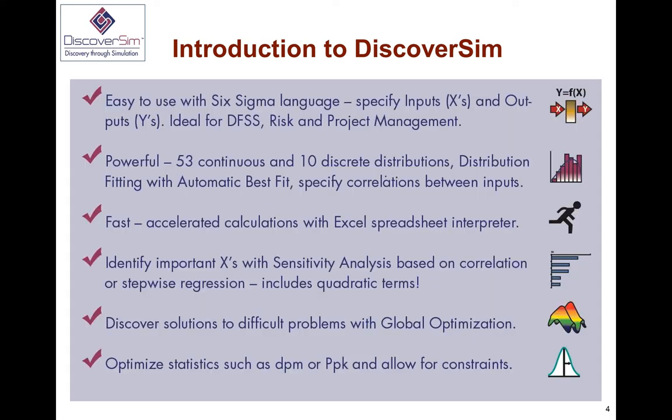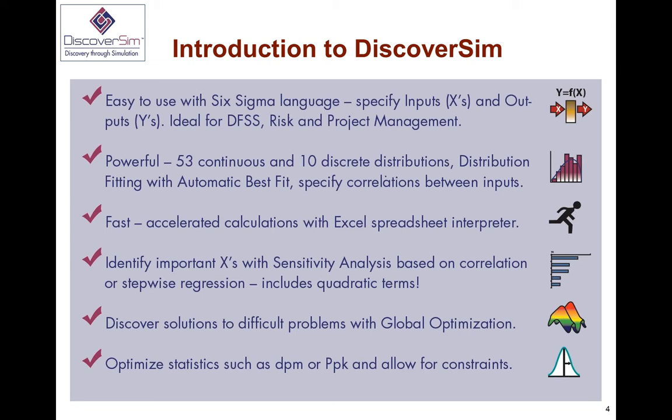Some of the features of DiscoverSim: we do use Six Sigma language, so instead of assumptions, we use the term inputs and outputs. We have 53 continuous distributions, 10 discrete distributions. You can specify correlations between inputs. It's fast. We have an Excel spreadsheet interpreter, so the calculations are actually done outside of Excel and then brought back in.